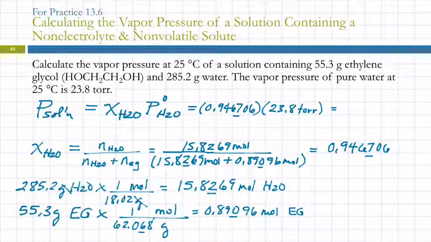Multiply, and I'm getting 22 point, this should have 3 sig figs because of this vapor pressure, so I'm going to go ahead and round it here, 22.5. The unit is torr. Any questions?